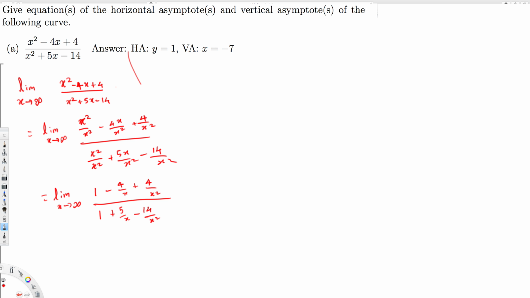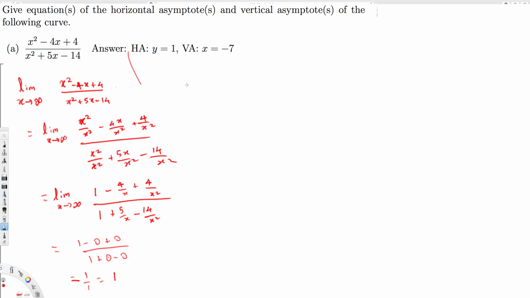Now if I substitute infinity for x, I will get 0 in each of these terms, because if you divide any number by infinity, the biggest number, it becomes 0. So it's going to be 1 minus 0 plus 0 over 1 plus 0 minus 0, which becomes 1 over 1. Therefore the answer is 1.